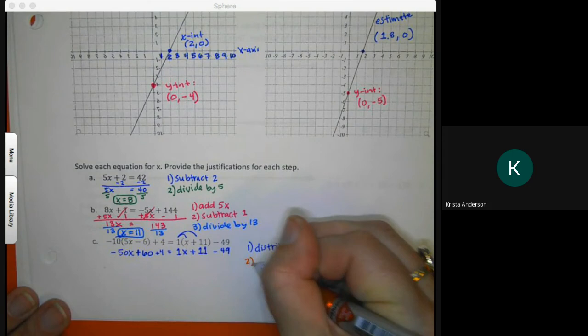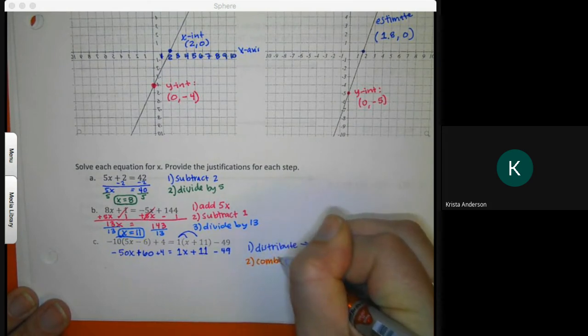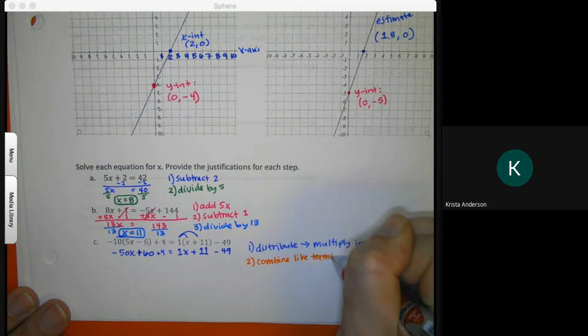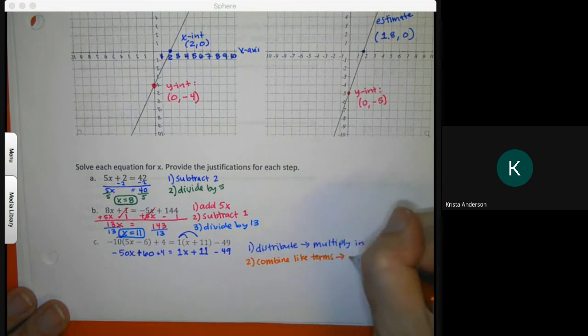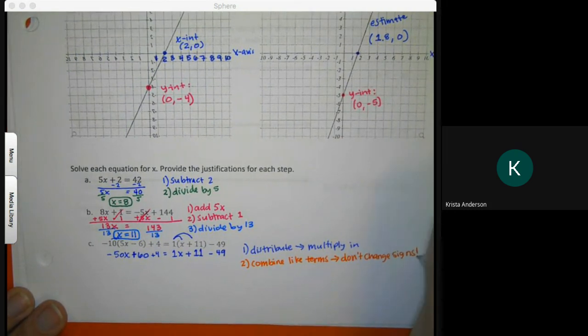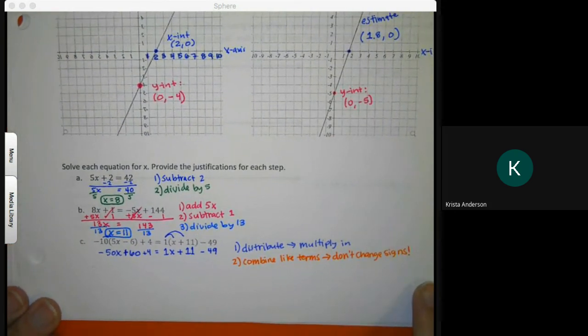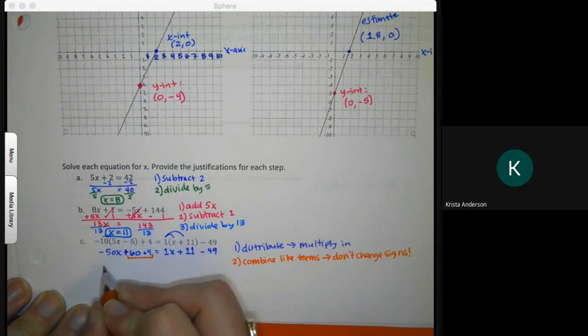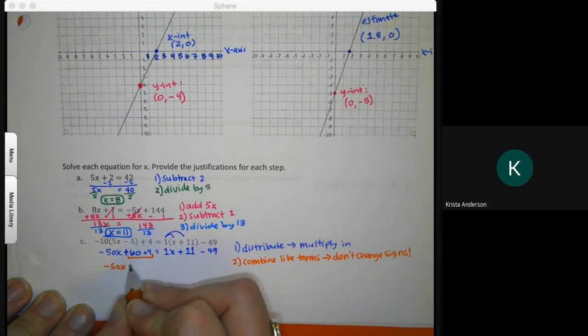Combine like terms. Don't change signs. So 60 plus 4 is 64.